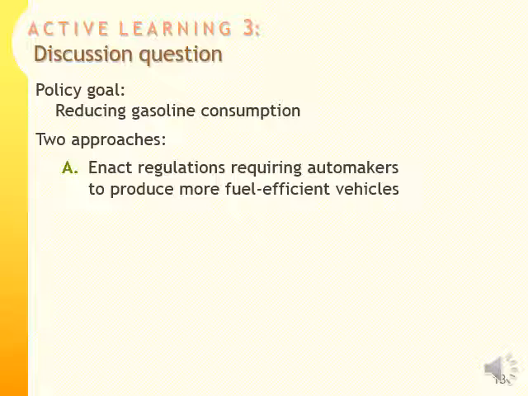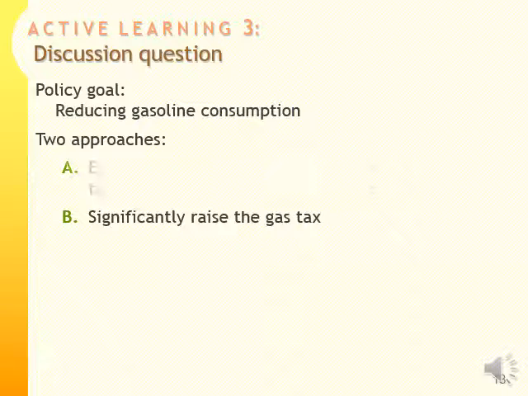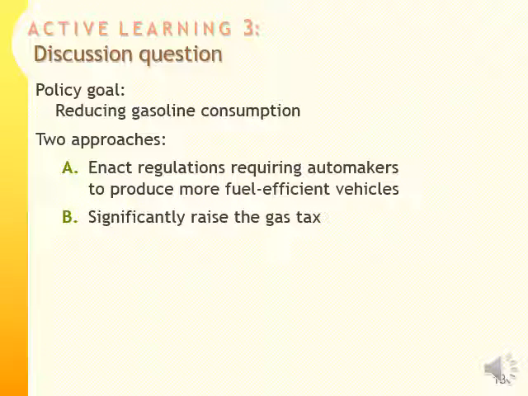There are rules about how efficient cars need to be before they will be legally allowed to drive on roads by the government. But the other way is to significantly raise the tax that is on gas. And I'm not meaning gas, I'm meaning benzene, I'm meaning gasoline here. So A would be a command-based solution and B would be a market-based policy.